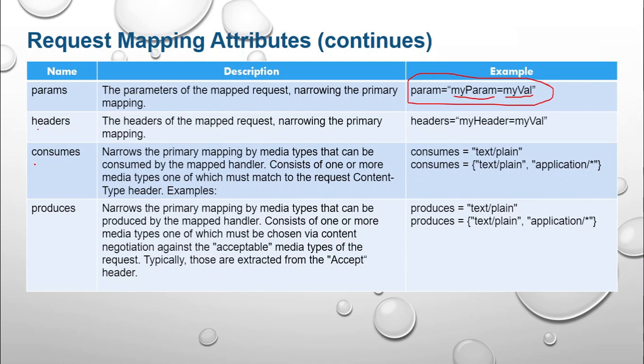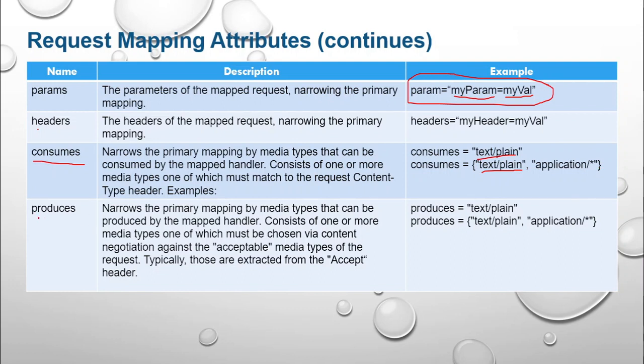So this is basically an array type attribute which will define which format of the request body can be used for that handler. If we provide text/plain, then in the request body only text/plain can be consumed by that handler method.